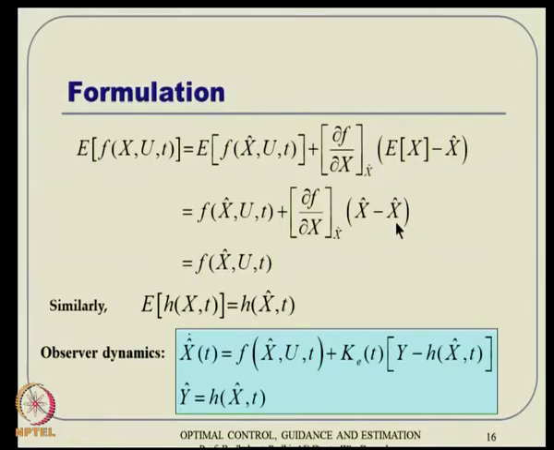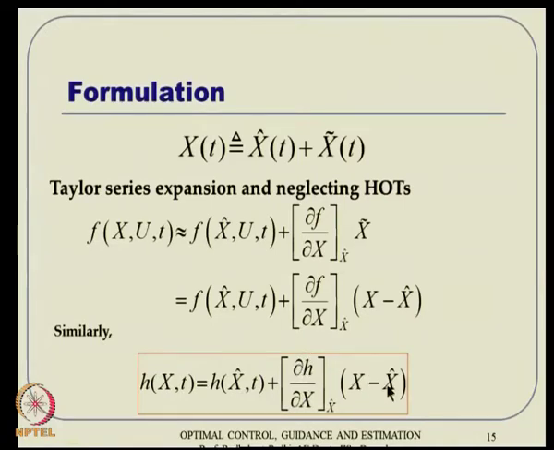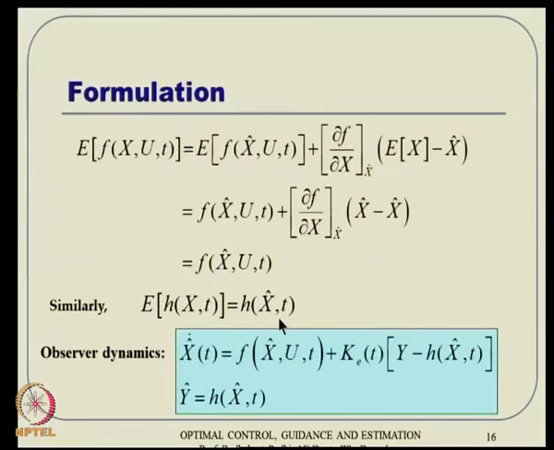That is the whole beautiful observation there. So, this gives us a lot of simplicity. Similarly, the expected value of h is nothing but this. Again, expected value of x will come here and x hat minus x hat will become 0. So, it turns out to be like this.